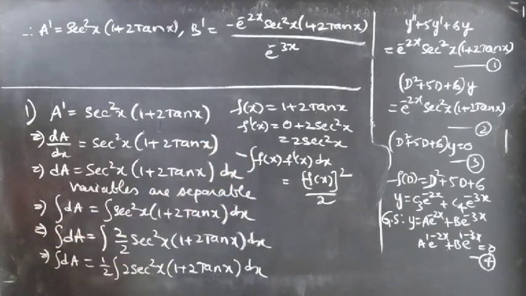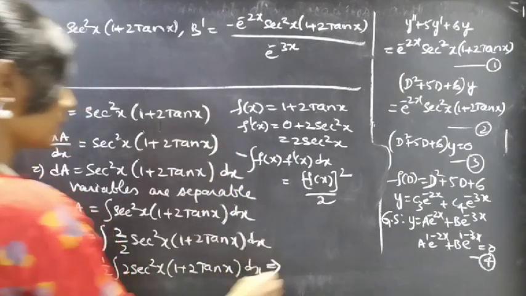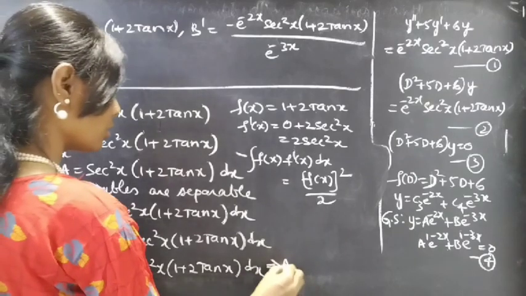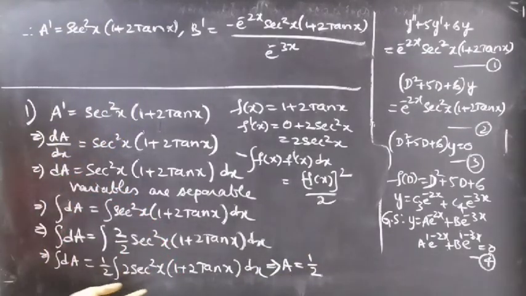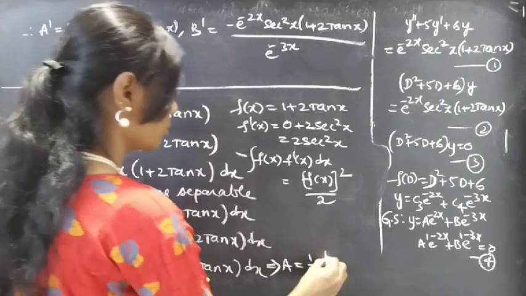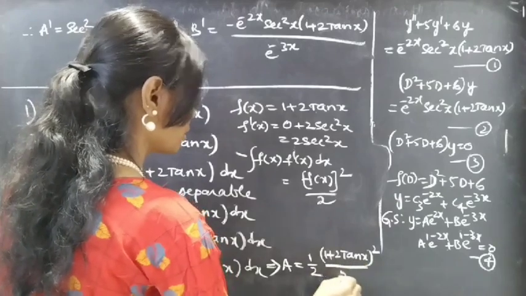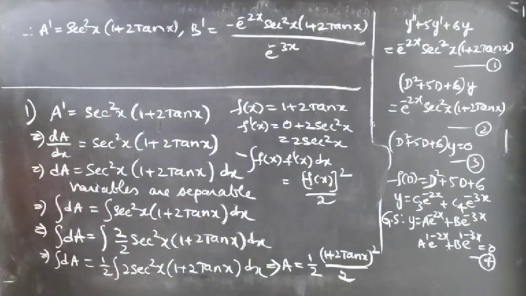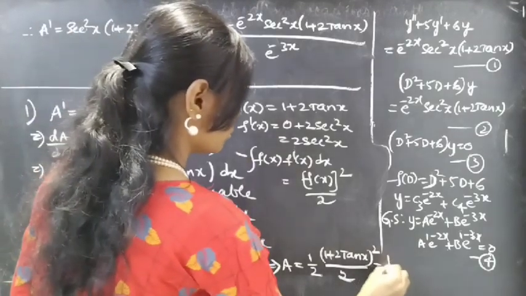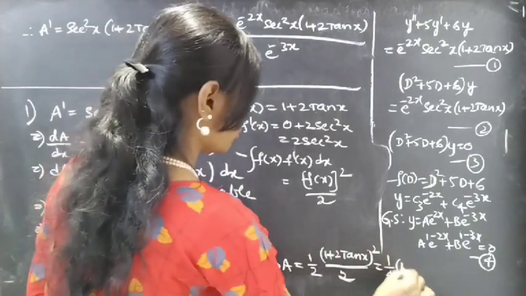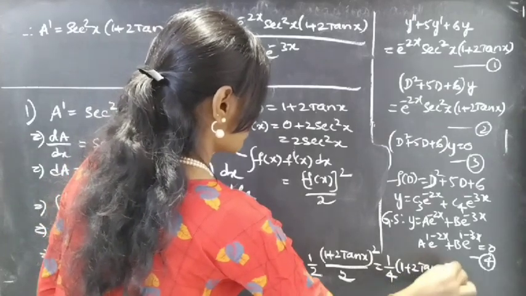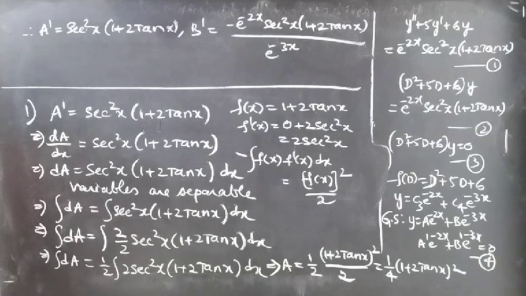Now we can apply this formula here, so that we'll get integral dA equal to 1 by 2 into integral f dash of x into f of x dx, which gives f of x whole square by 2, that is 1 plus 2 tan x whole square by 2, which gives us 1 by 4 into 1 plus 2 tan x whole square, which is our a.